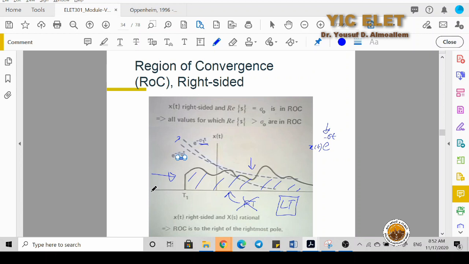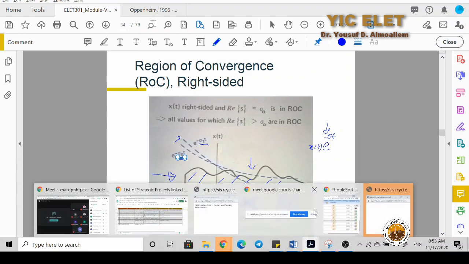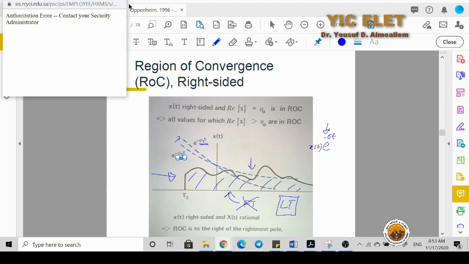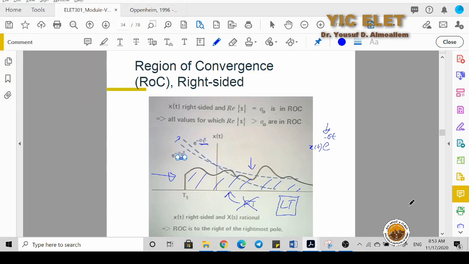Most of the functions will be equal to zero till you switch it on, then it will become active. But in that scenario, you cannot find the Fourier transform for this function, but you can find the Laplace transform. So this is one part of why we need to move from Fourier transform to Laplace.